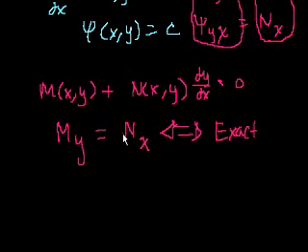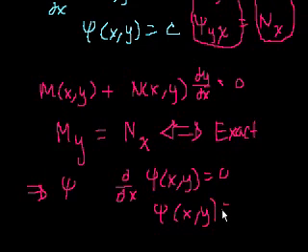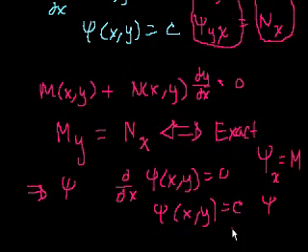And if it's an exact equation, that tells us that there exists a xi such that xi of x,y equal to c is a solution of this equation, and the partial derivative of xi with respect to x is equal to m, and the partial derivative of xi with respect to y is equal to n. I'll show you in the next video how to actually use this information to solve for xi.